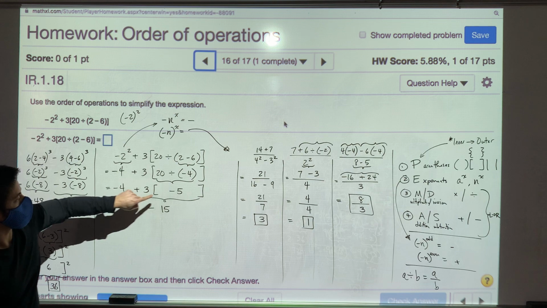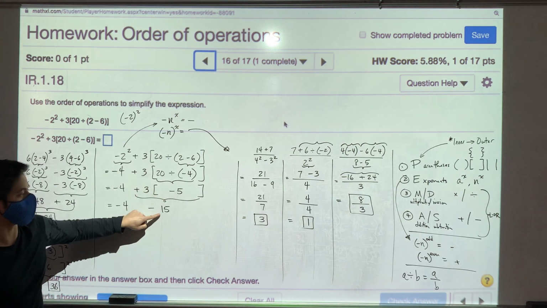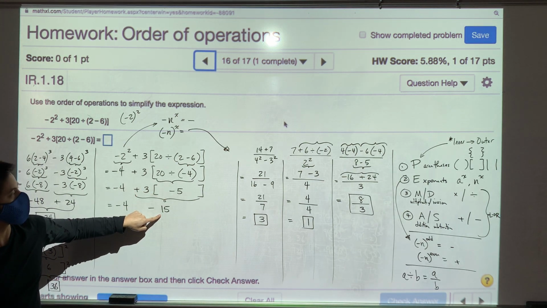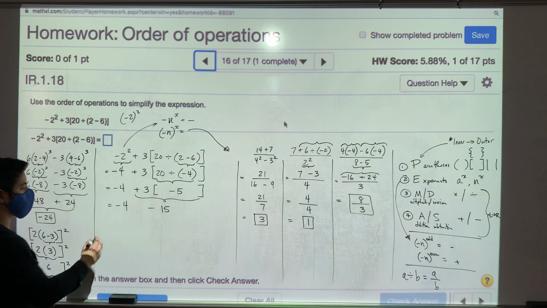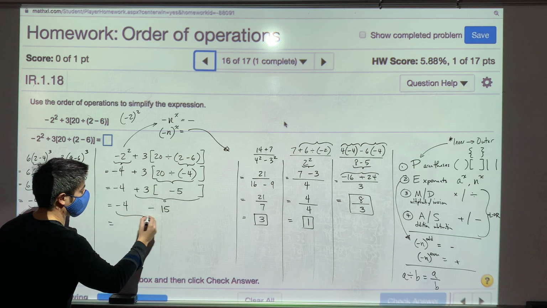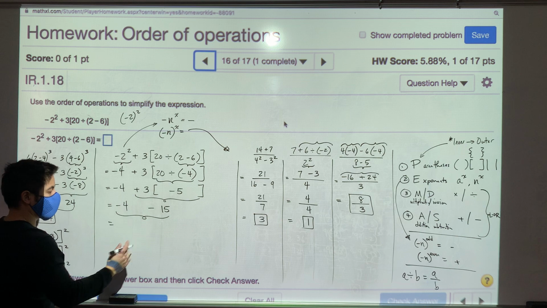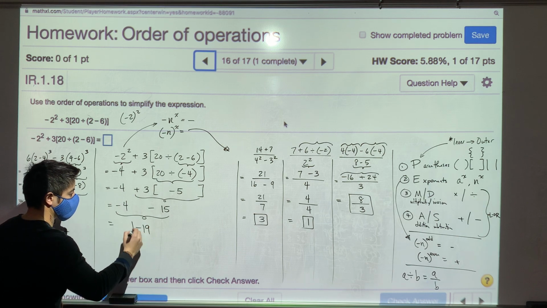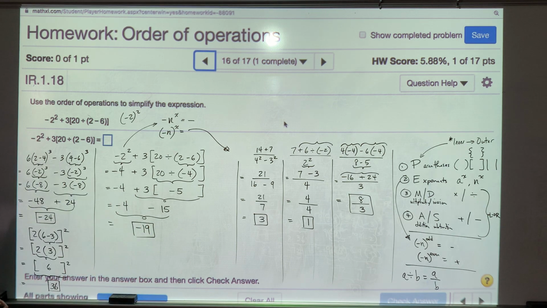Positive 3 times negative 5 is negative 15. And then I'm almost done. Negative 4 minus 15 more is negative 19. Done. Make sure you can get that. If you can't, let me know. We can do your problem. Get another practice one in. Hopefully you got it right though. If not, let me know.